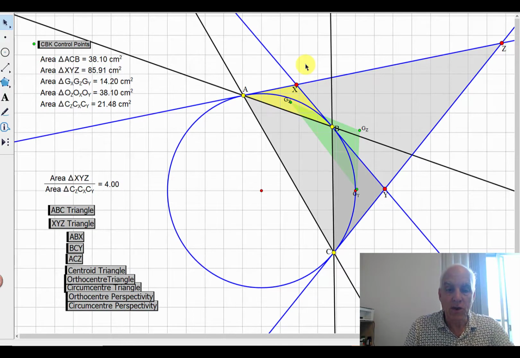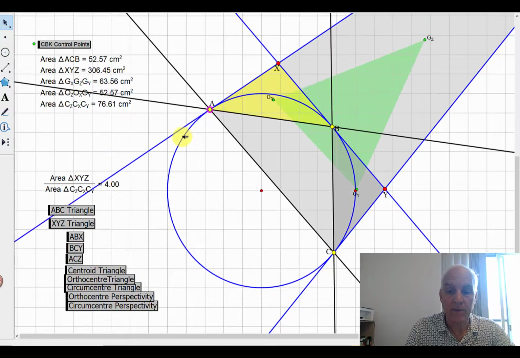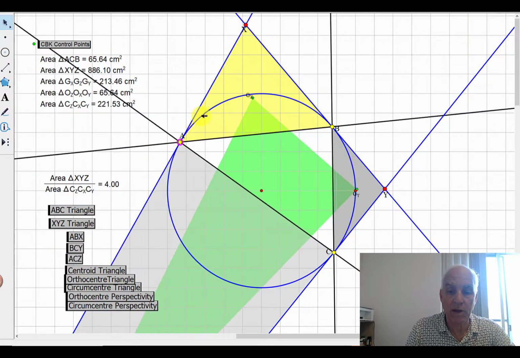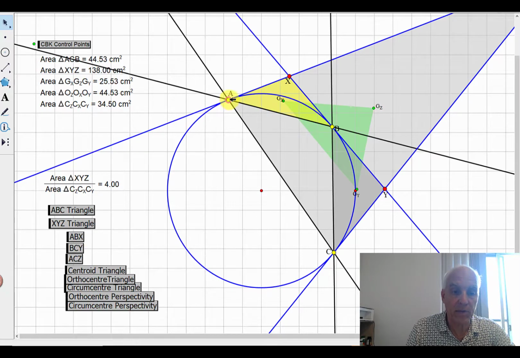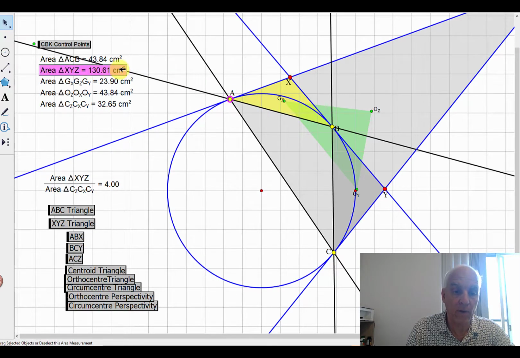Okay, so that's the centroid triangle, and in terms of its area, it's 14.20. Is there any nice relationship between it and this? Let's move things around a little bit and see what happens. So that can also get quite big. So if there's a relationship, it's probably between that one and this one.